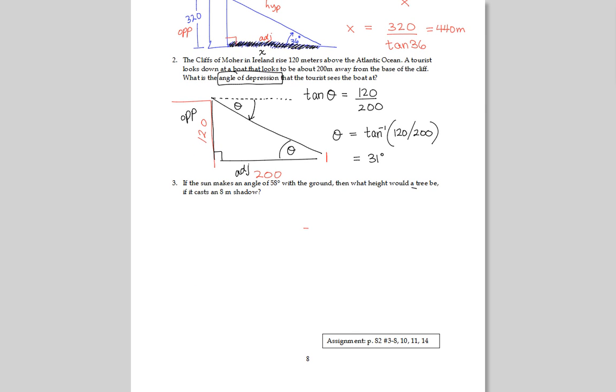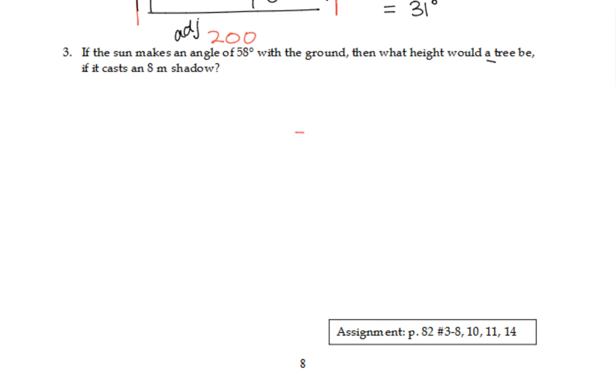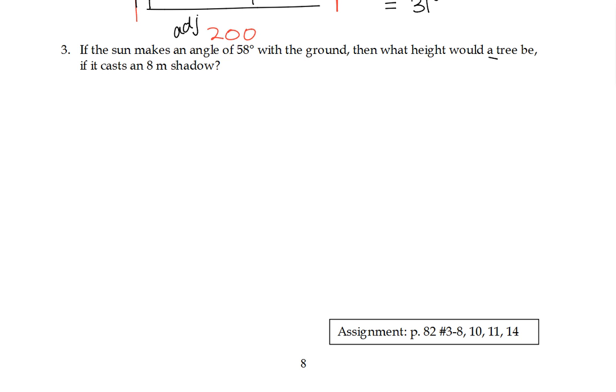One more to do. The sun makes an angle of 58 with the ground. What height would a tree be if it casts an 8-meter shadow? Shadow's on the ground, right? That's a pretty huge shadow. Let's make that a bit smaller.